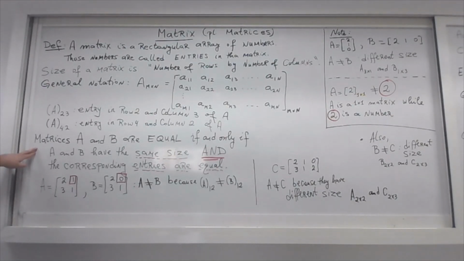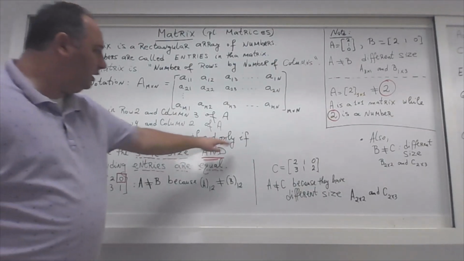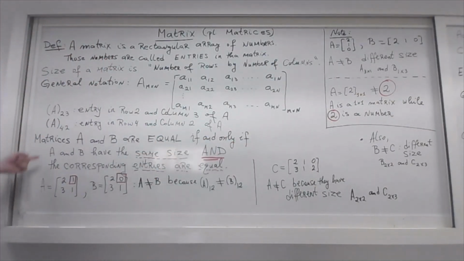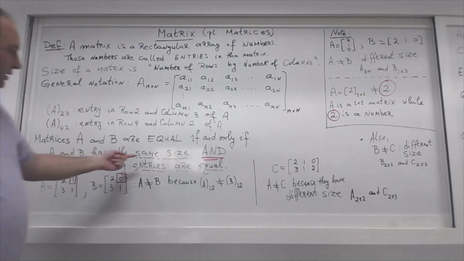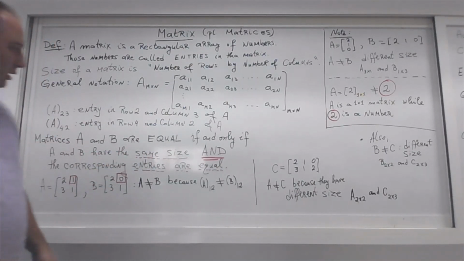Another important definition is equality of matrices. How do we know that two matrices are equal? Here's the definition, and it's super important. Matrices A and B are equal if and only if two conditions hold. First, A and B have the same size, so they have the same number of rows and columns.